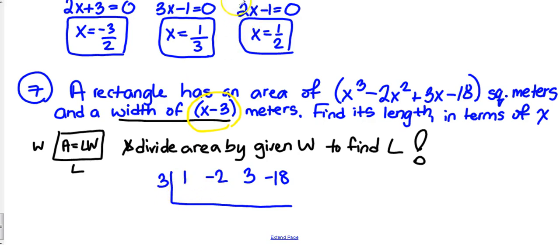Dropping the 1. Let's get to it. Multiply. 3 times 1 is 3. Add straight down. Multiply. Add straight down. Multiply. Add straight down.